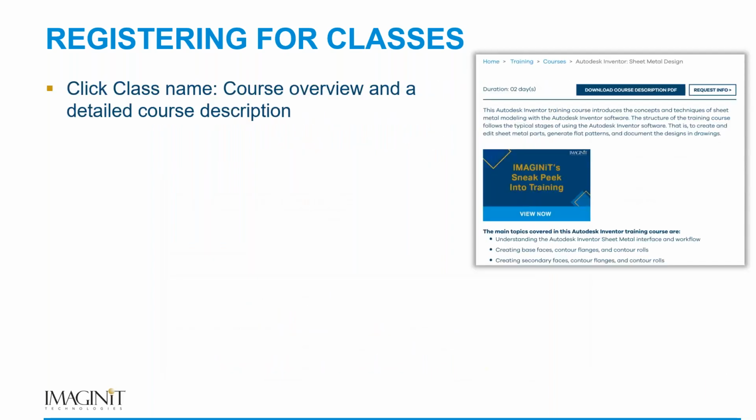As you are registering, you can click the name of any class that you're interested in looking at more information on. Every single class has a course overview and detailed course description. Also, it has a PDF that has information on the actual detailed data that you might see in that class.